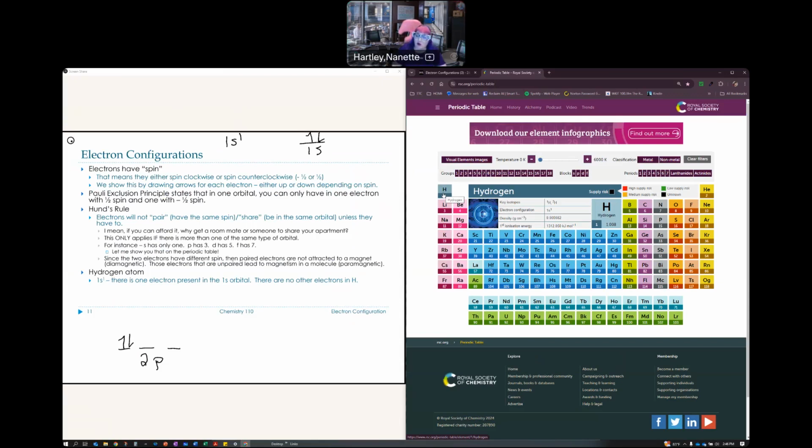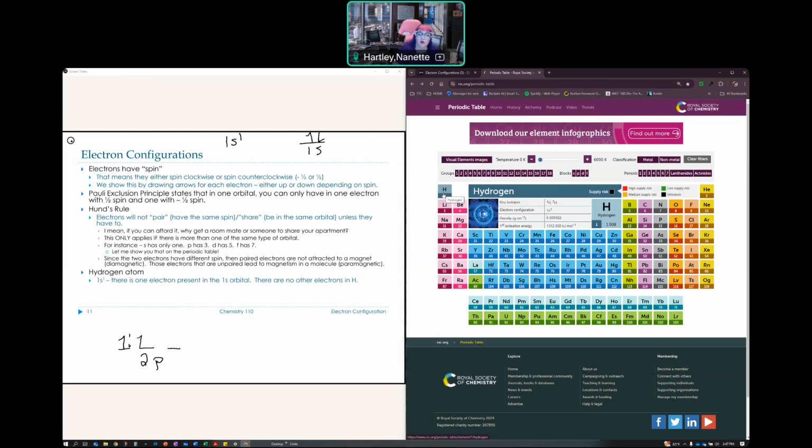Why? Because I don't want to share if I don't have to. If there are multiple rooms available in my apartment, why would I put two bodies in one room when I could have one body in each? There are energy benefits to having both of these things be half full comparative to one of them being completely full.